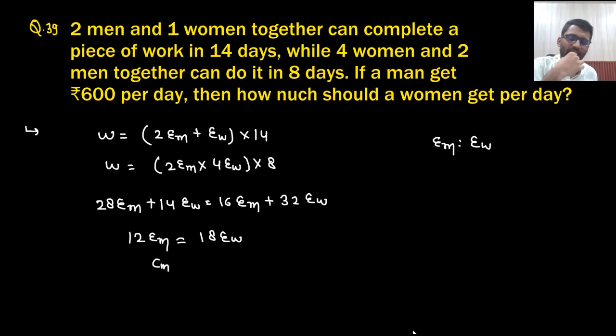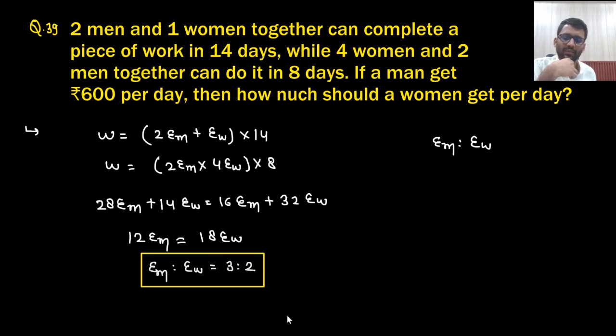So efficiency of man to efficiency of woman is equal to 3:2. This is the ratio. So let's say if there were 5 rupees, then man would be getting 3 rupees.